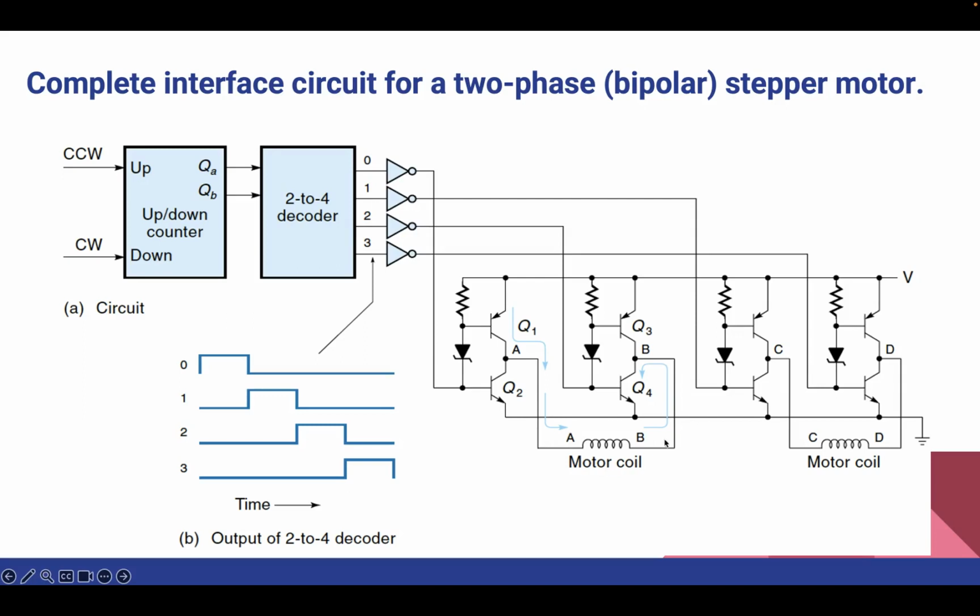So this was left to right, and Q3 and Q2 cause the current to flow from right to left. And when both Q1 and Q3 are off, then no current flows through the motor coil. There will be no current in the motor coil. Effectively, it will just halt the movement.